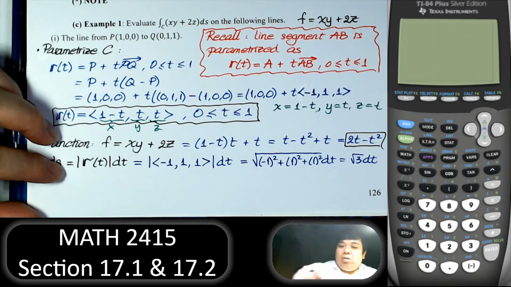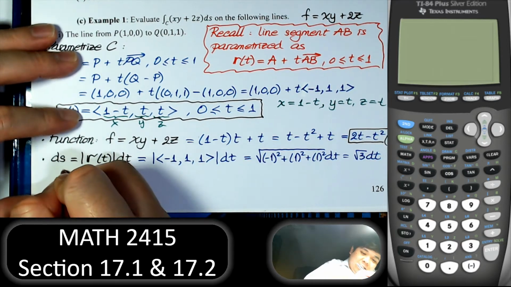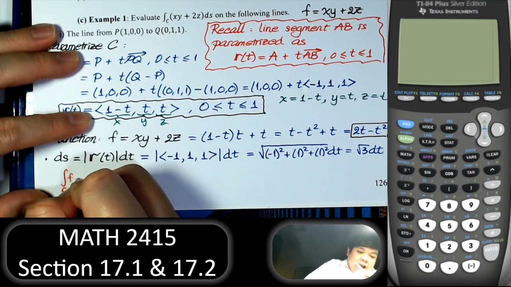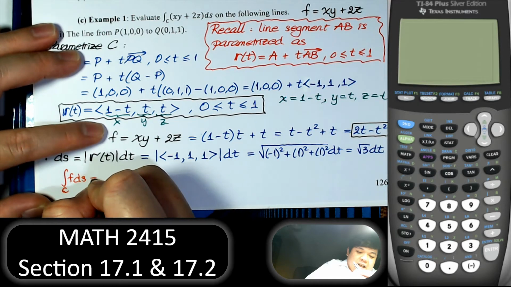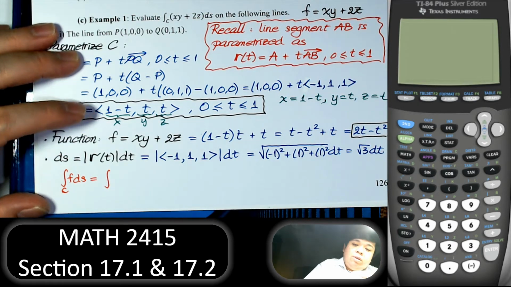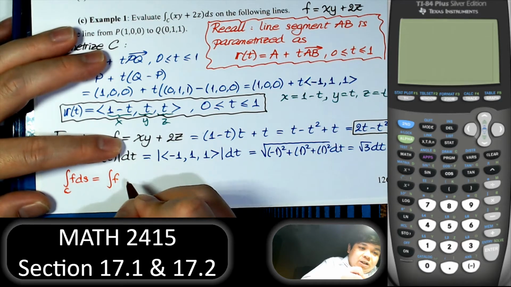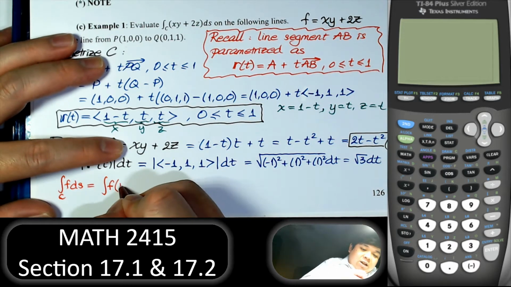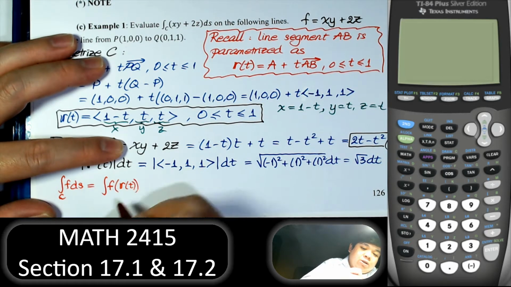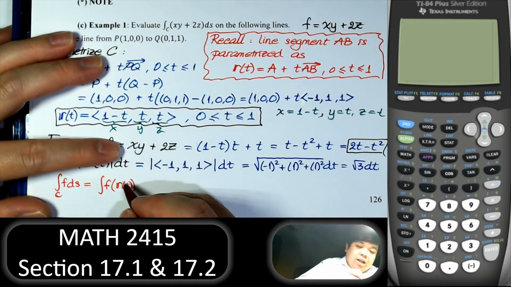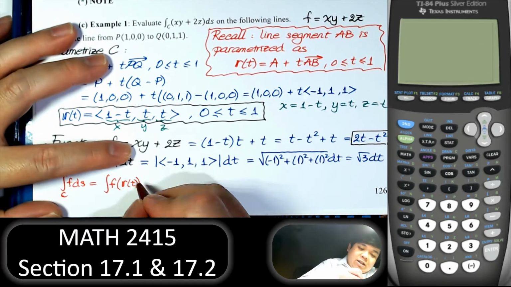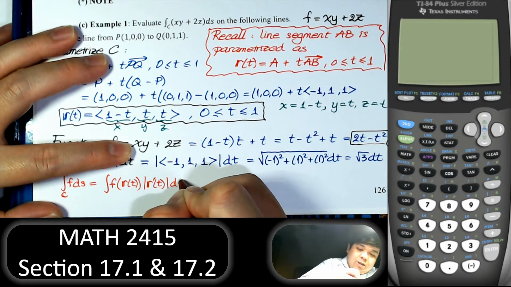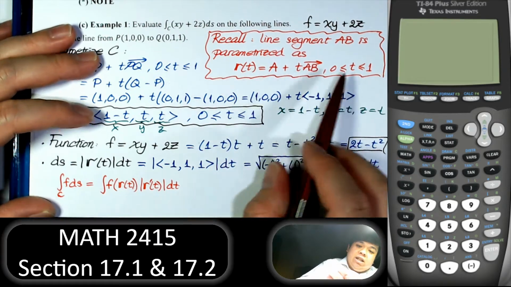And then we pretty much go back to the formula. The line integral of f ds is equal to, now we have the function in terms of t, or we can just write it like this if we want to. The function in terms of t, and then ds is given by that. And then the limit for t goes from 0 to 1.